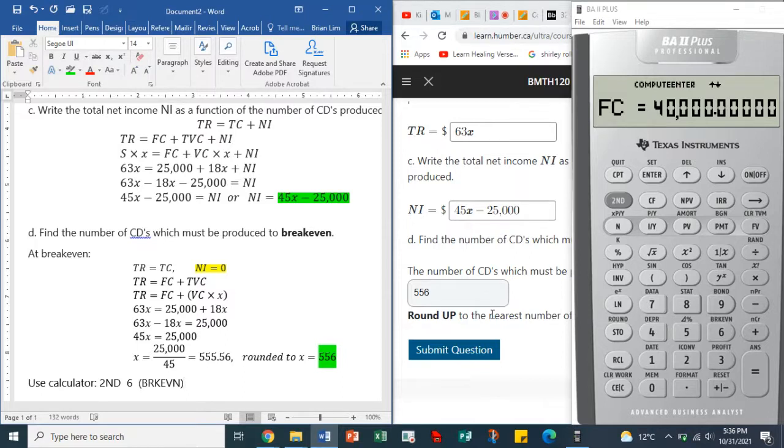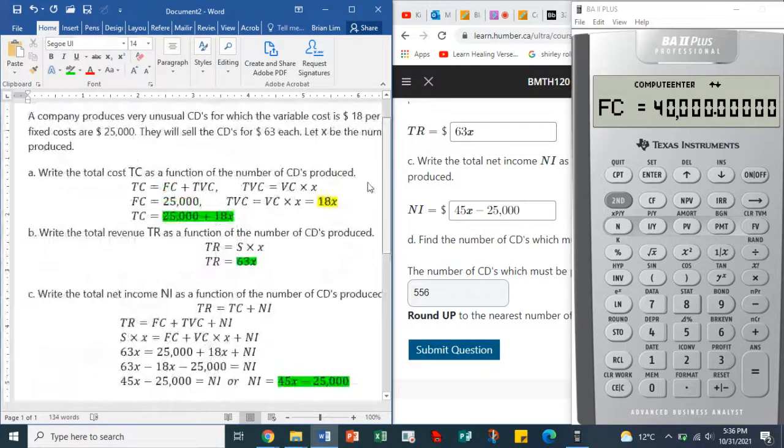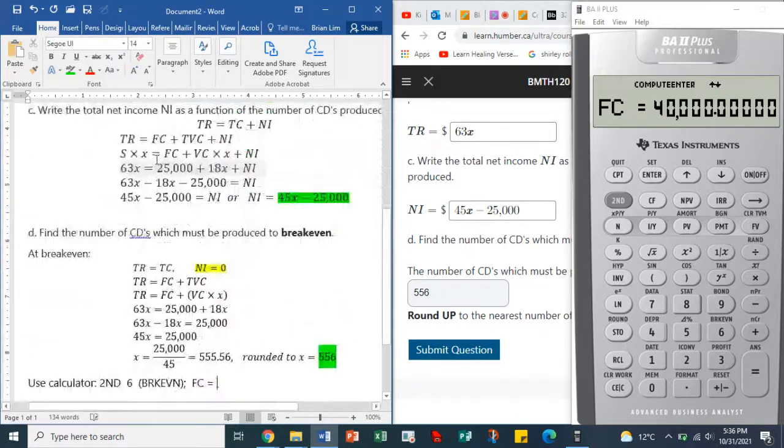After that, what is next? FC. So FC is equal to what? Well, that's the fixed cost, and the fixed cost is 25,000, correct?